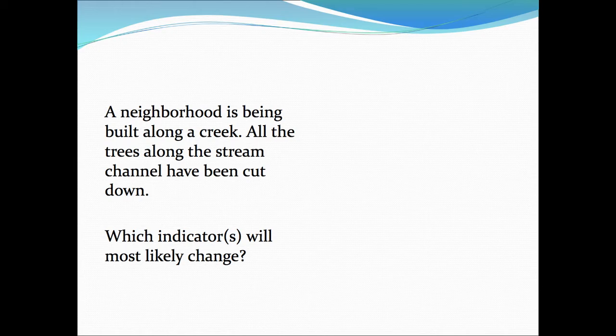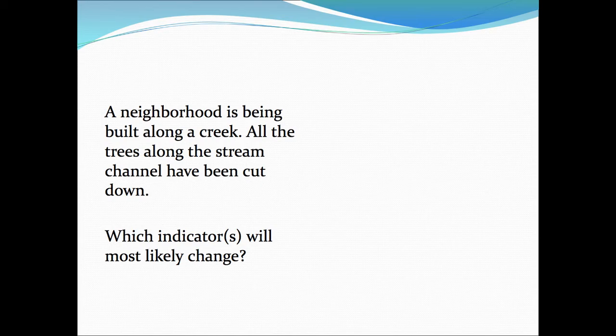A neighborhood is being built along a creek. All the trees along the stream channel have been cut down. What indicators will most likely change? So for this one, because the trees are being cut down, the shade is gone, so it's going to warm up, so temperature changes.